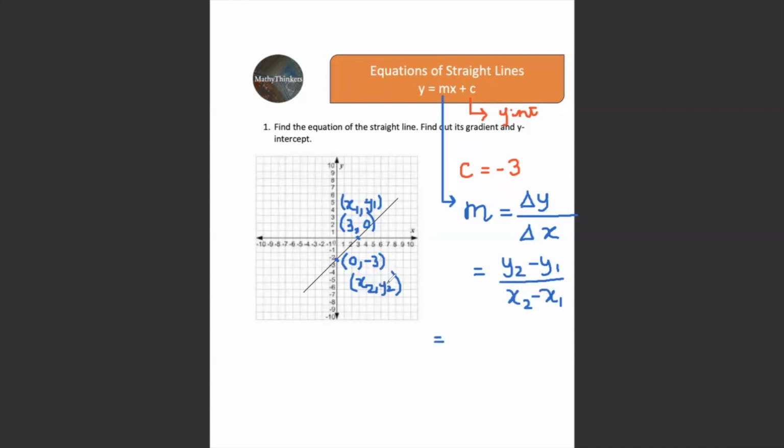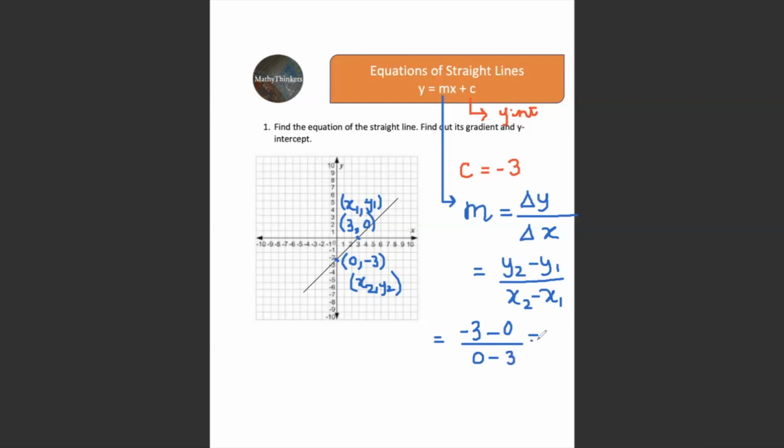So let's calculate what this will be. y2 is minus 3, so this is minus 3 minus y1, which is 0, so minus 0. And we divide it by x2, which is 0, minus x1, which is 3.